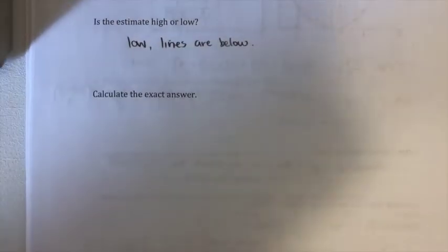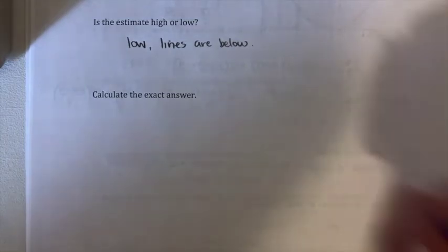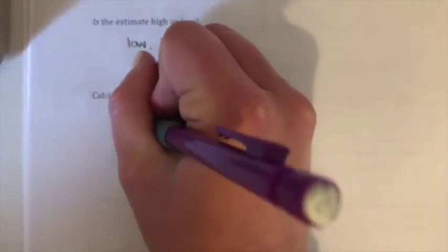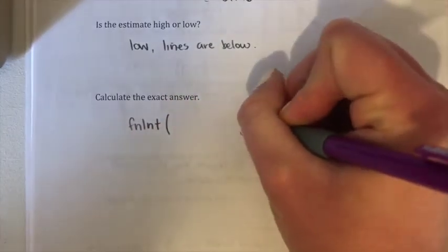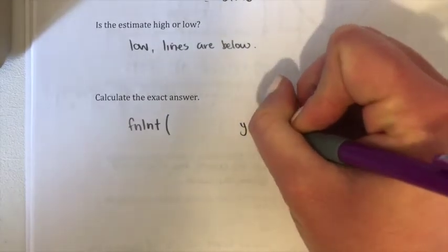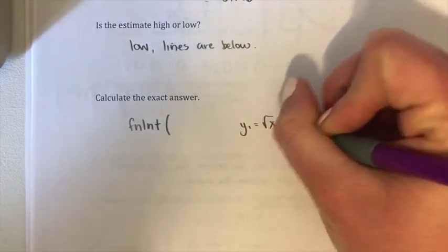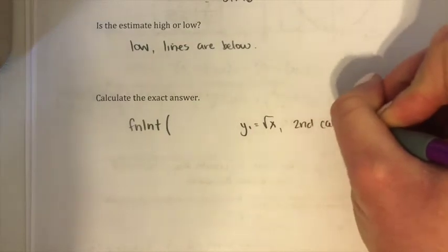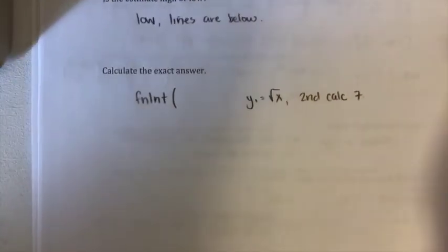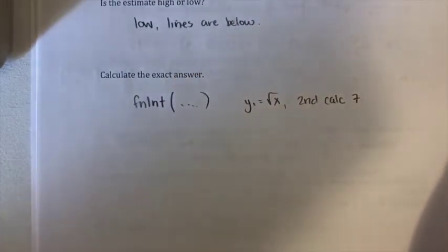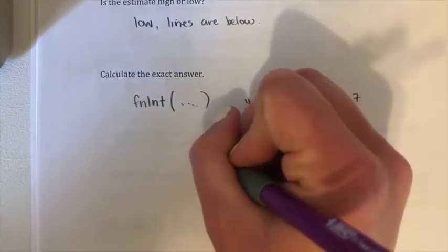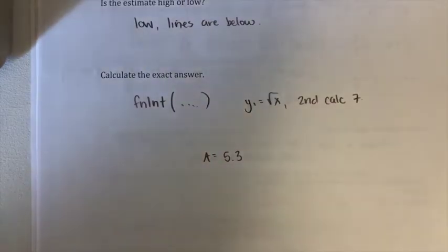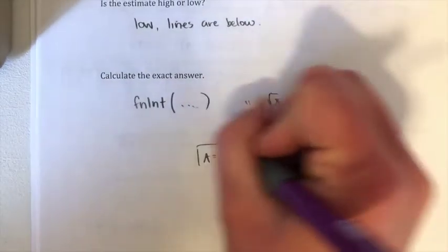If we want to calculate the exact answer, we can just plug that into the function of integration, or we could do y1 equals root x, and then go second calc 7 and plug in all the information. Either way, we should get an area of 5.3 units.